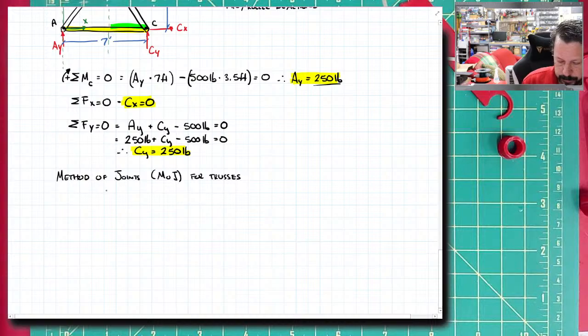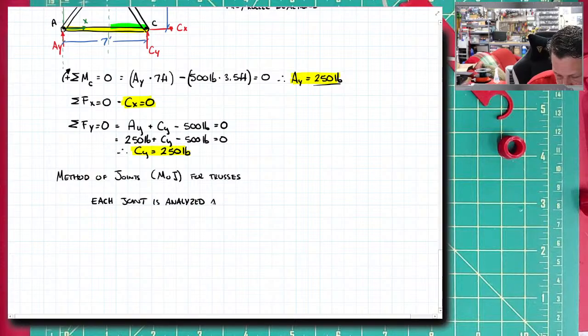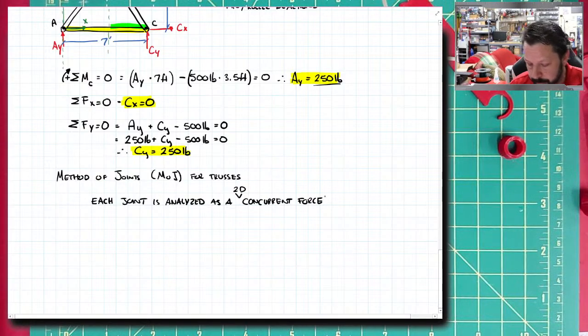So method of joints for trusses is each joint is analyzed as a, and for us it's going to be 2D, concurrent force system, although it can be 3D if you had a three-dimensional truss.